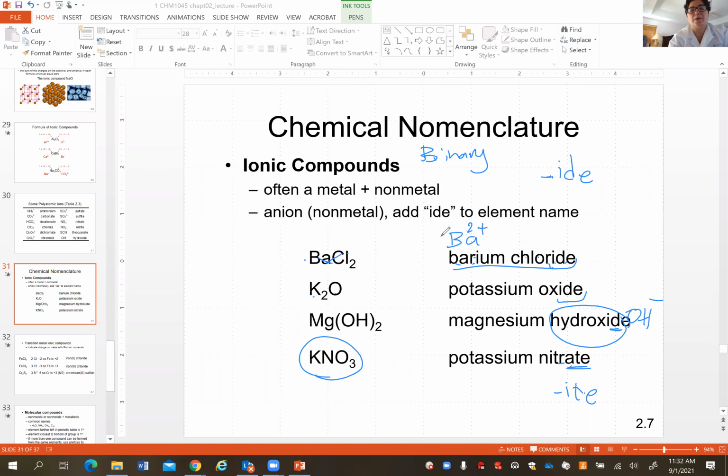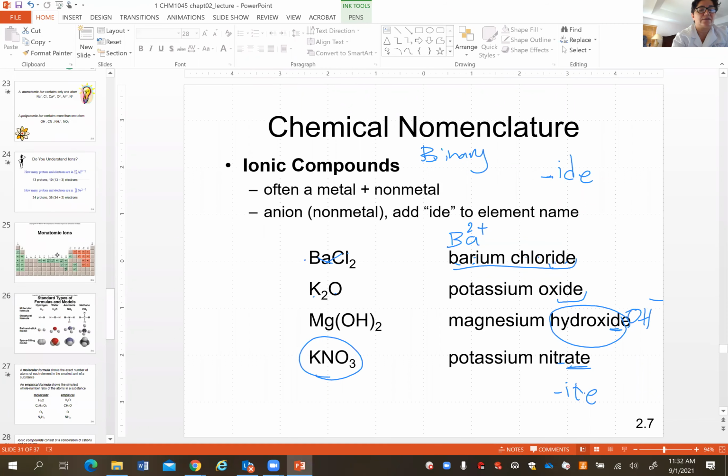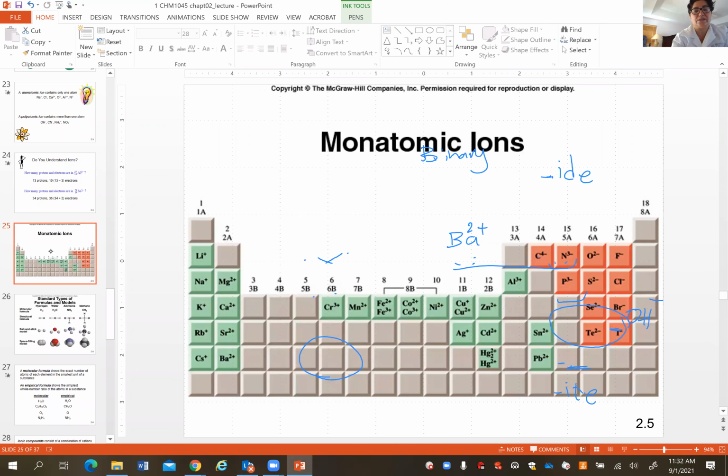So we are one step closer to writing the formula. We already know the charges based on the location of the element in the periodic table. Elements in group 2A always lose 2 electrons to be like a noble gas. So we also had this slide for you to memorize.